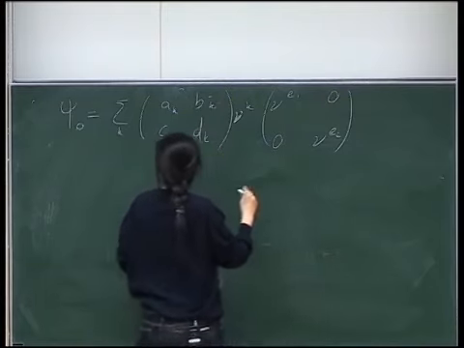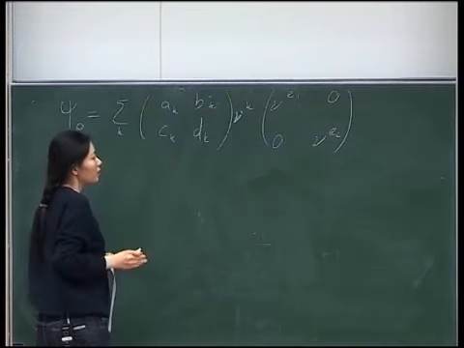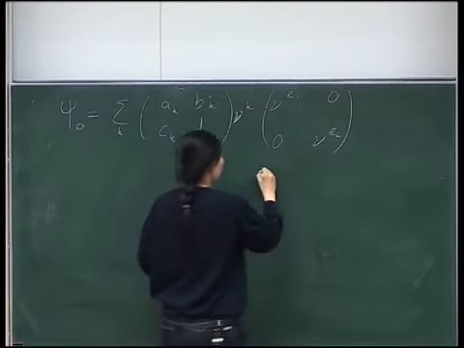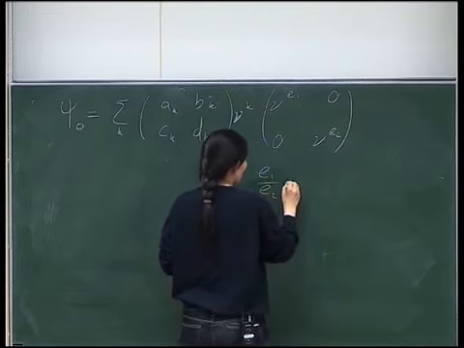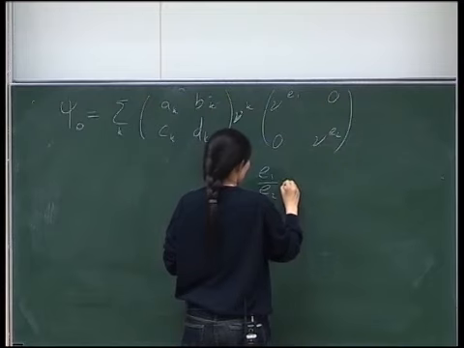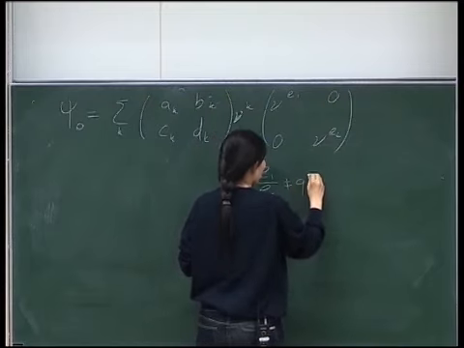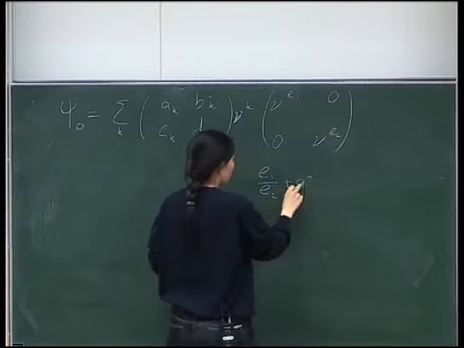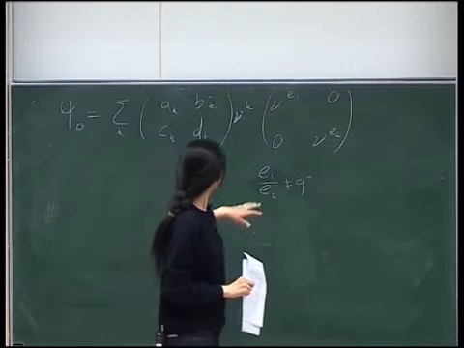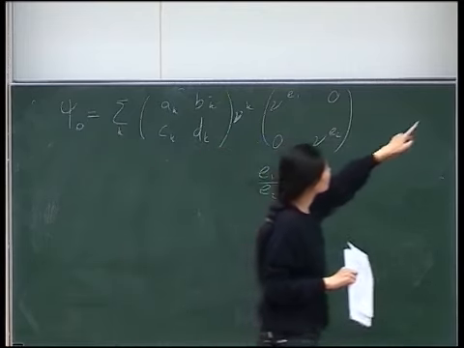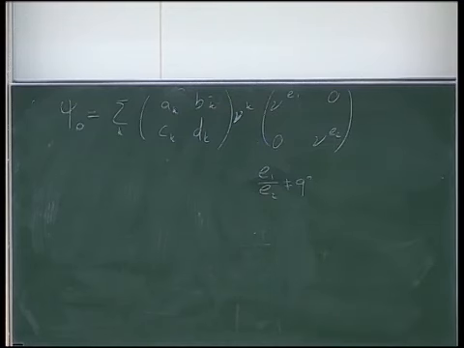And this form holds, as we've been told by Birkhoff, if and only if E1 over E2, the quotient, is not q to the integer. And how do E1, E2 relate to our QP2?